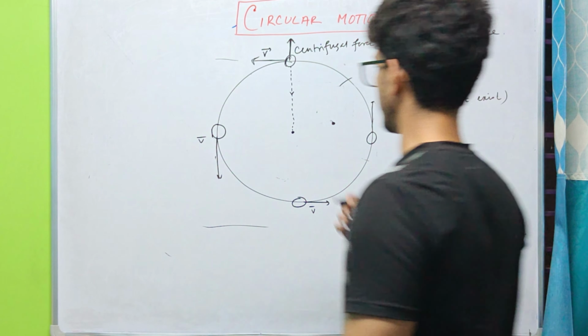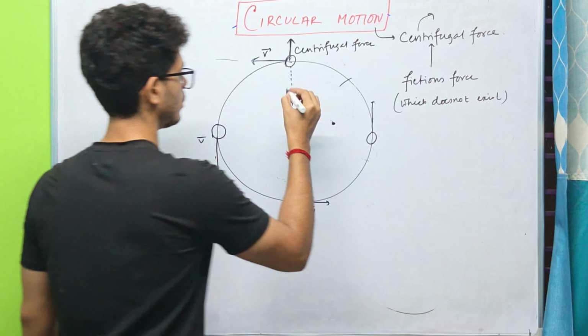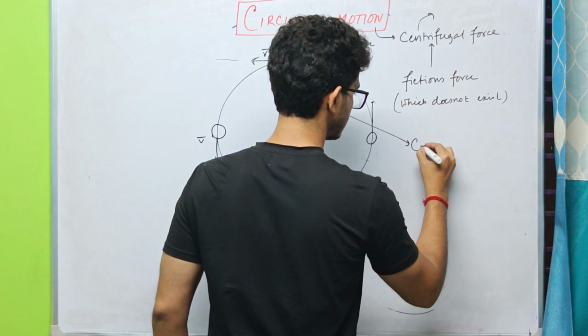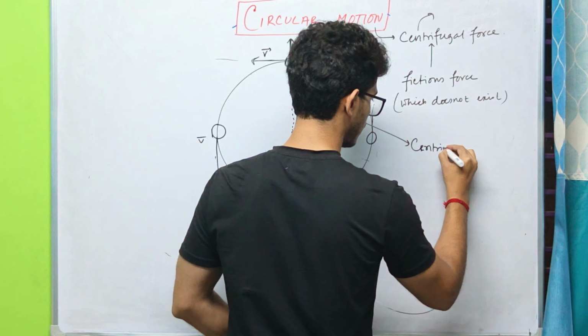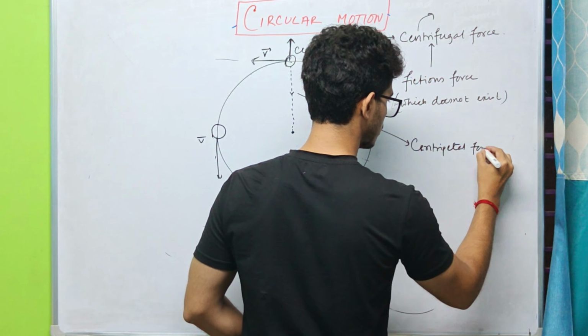So in circular motion, only one real force exists, and what is that? That is the centripetal force.